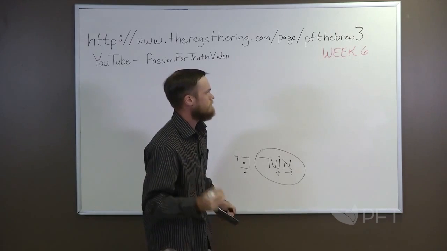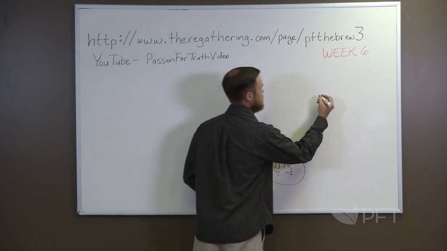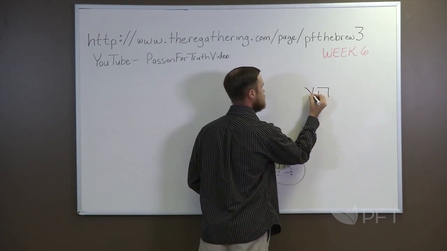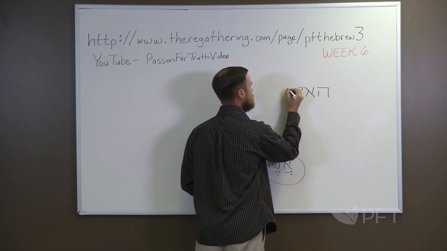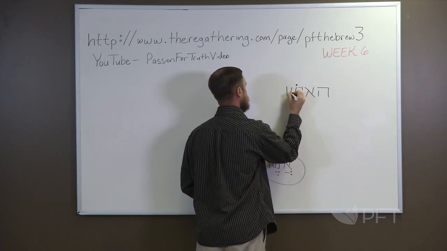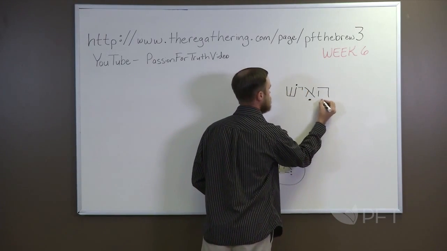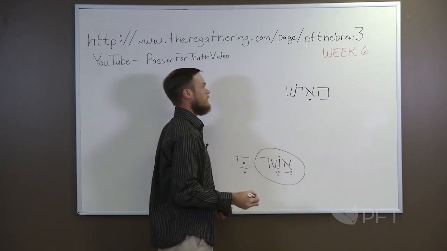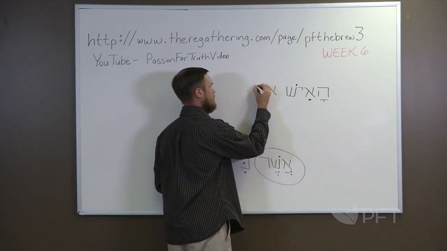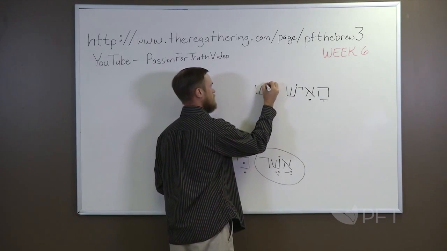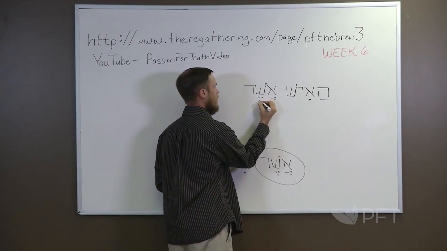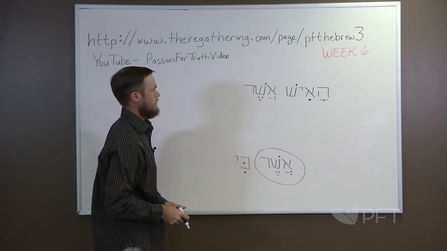If we speak of a man, or the man, ha'ish, we can use asher to introduce conditions, or a conditional clause, to that man. So the man that, and then pick your condition.